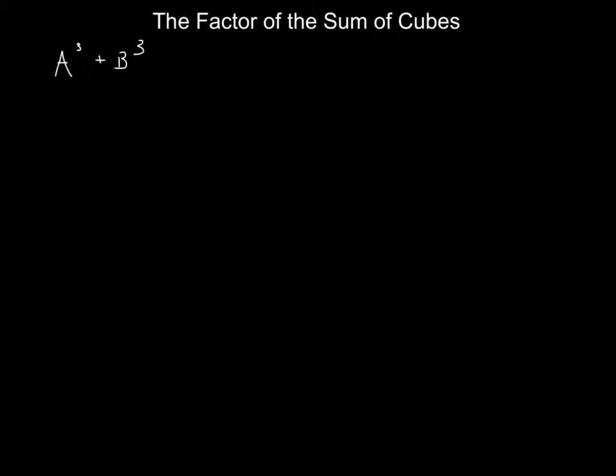Okay, so now we're going to look at the sum of cubes. So we've got a cubed plus b cubed. So we're trying to figure out a factor for this here. If a is equal to negative b, I think we get 0. So it looks like a minus b should be a factor. So we should be able to write this as a minus b times some factor.